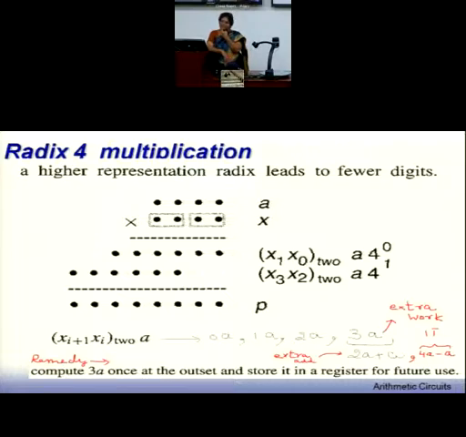One way I can do this is to pre-compute my 3A, store it somewhere, and whenever it comes, you just recall it from memory, bring it and add. But then it has to be generated. It has to be generated.